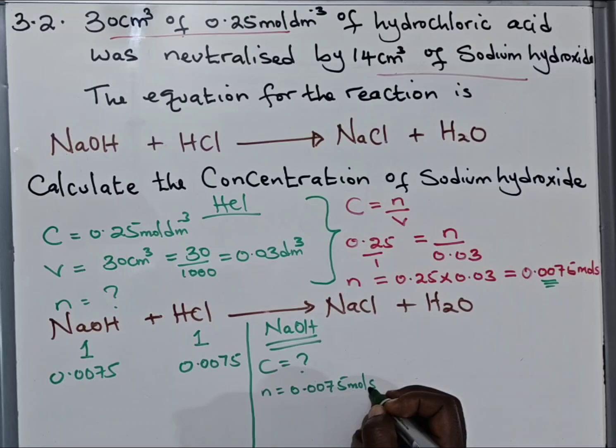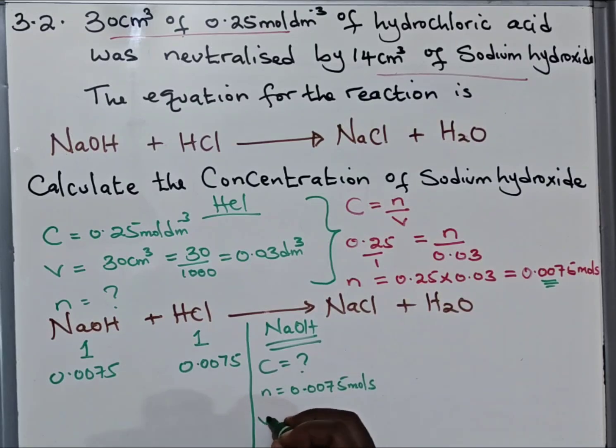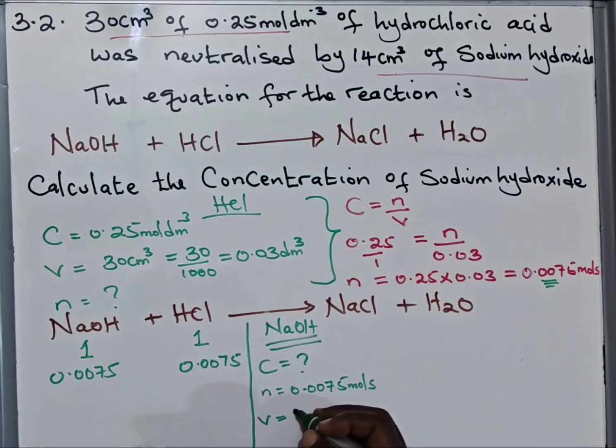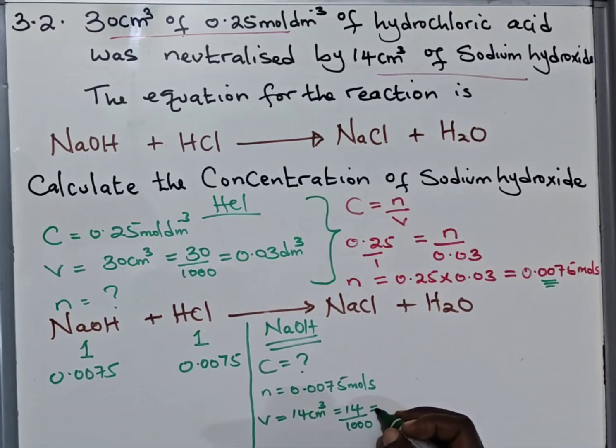And what else do we know? We know the volume which reacted. It's here, and it is 14 cubic centimeter, which is equal to 14 over 1000, because we want it in cubic decimeter. So this one will give you 0.014 cubic decimeter.